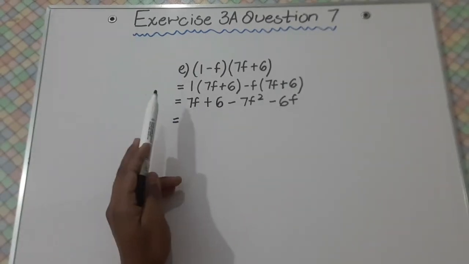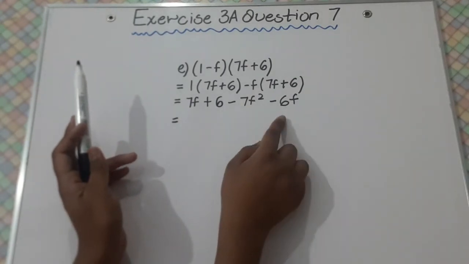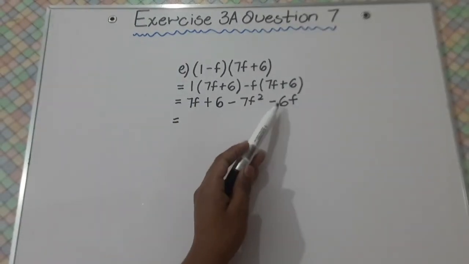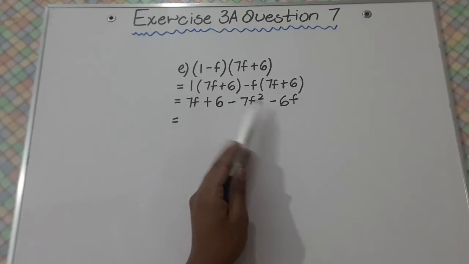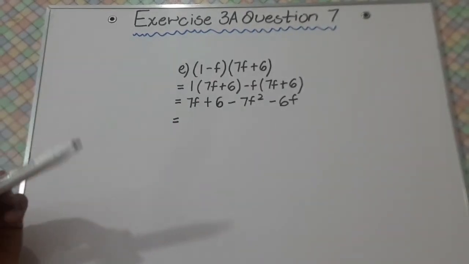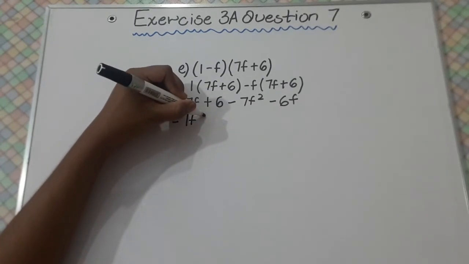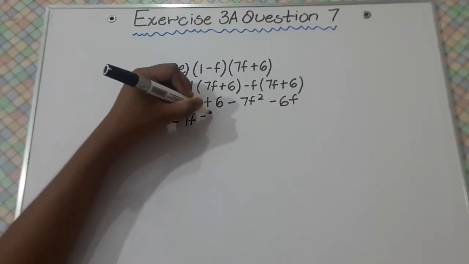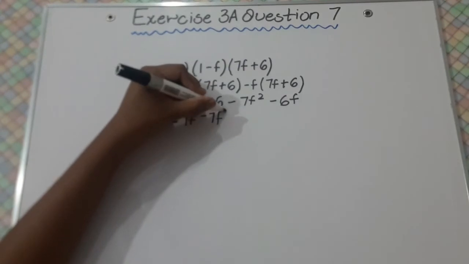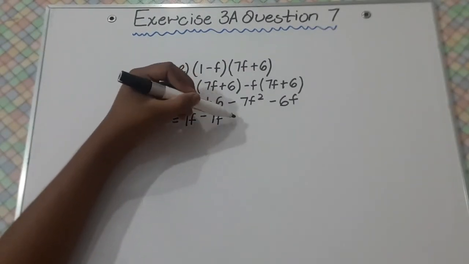So we are just going to cancel out these. That means 7F minus 6F, 7 minus 6, 7 is positive, 7 minus 6 is 1. So this is going to write 1F and minus 7F square plus 6.